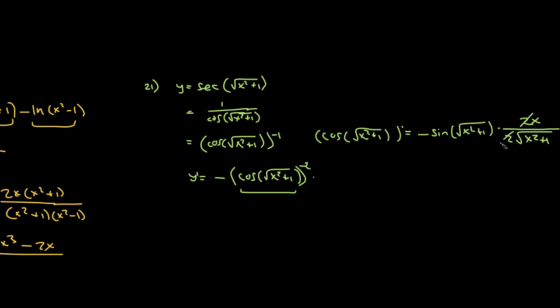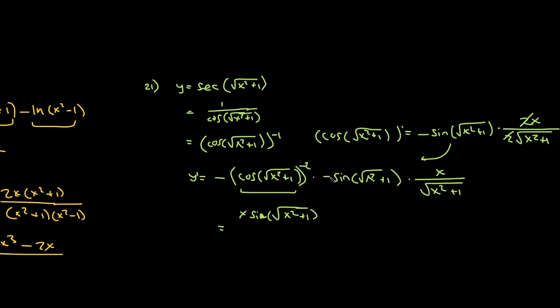Those 2's will cancel. Now I can plug this expression into here, which gives me negative sine, times x divided by, because I'm using the chain rule over and over again. Now I will simplify a little bit. X times sine of x squared plus 1.